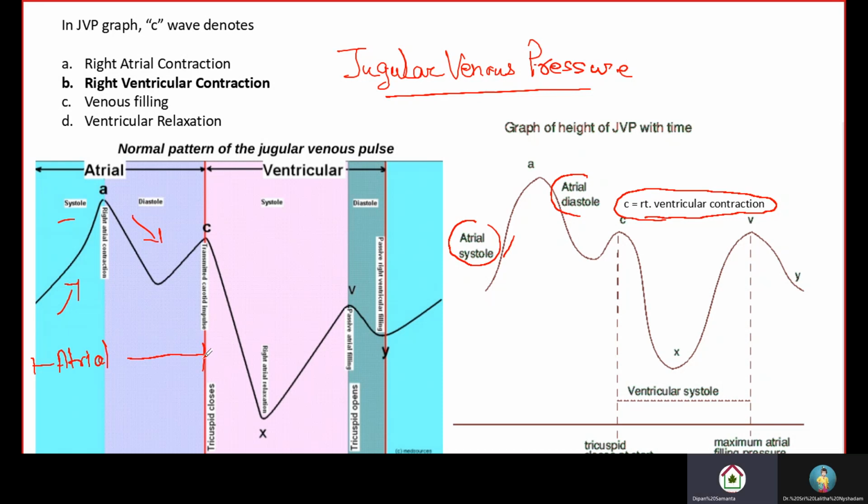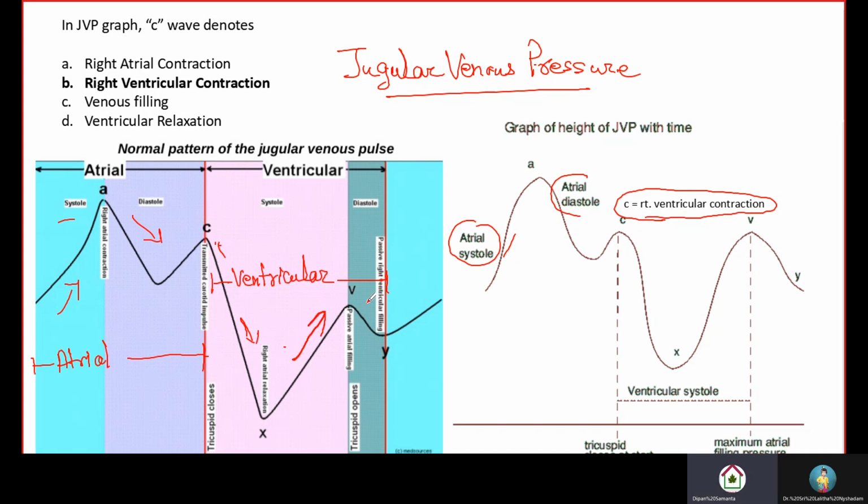Next starts the ventricular part. In ventricular systole, the pressure first comes down, then it increases.